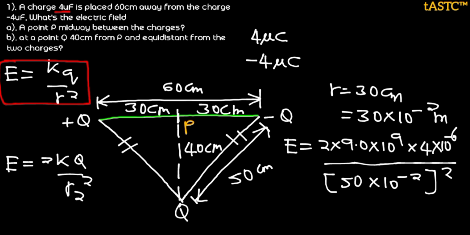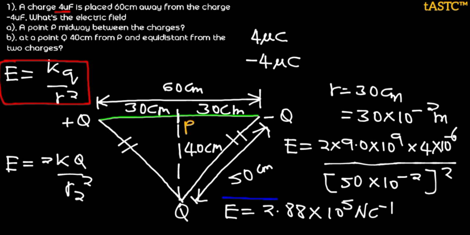And that gives us 2.88, approximately, times 10 to the power of 5 Newton per Coulomb. This is going to be the answer. The total electric field as a result of these two parts is equal to 2.88 multiplied by 10 to the power of 5 Newton per Coulomb.